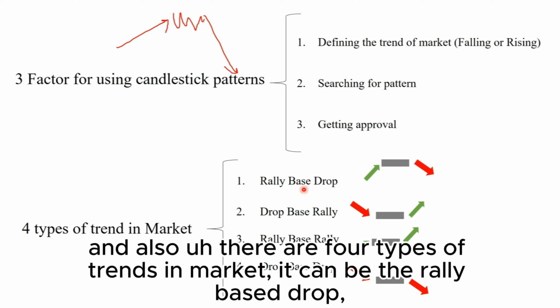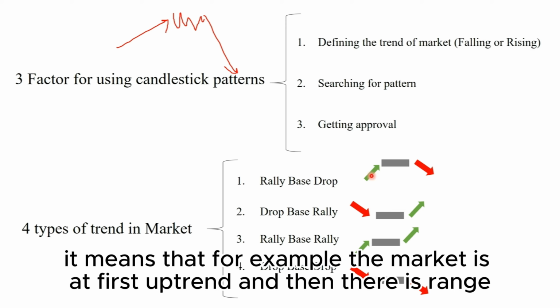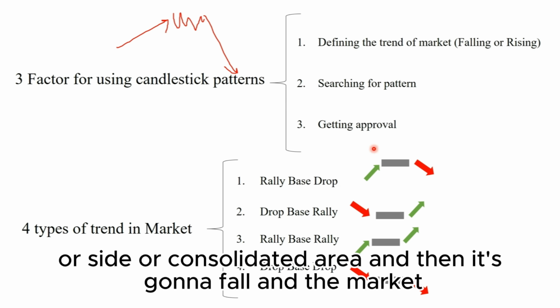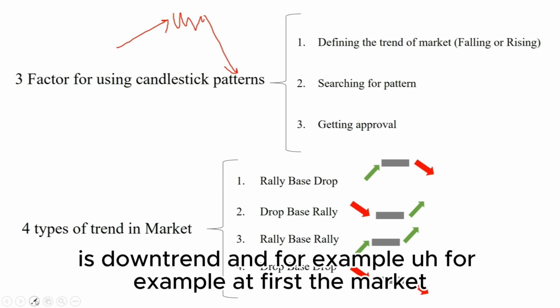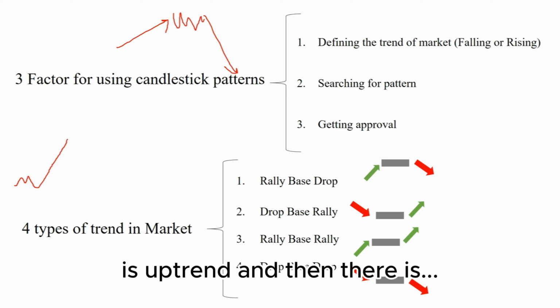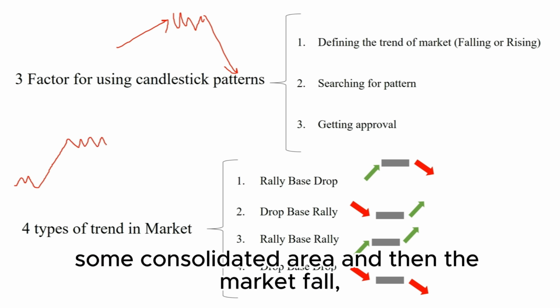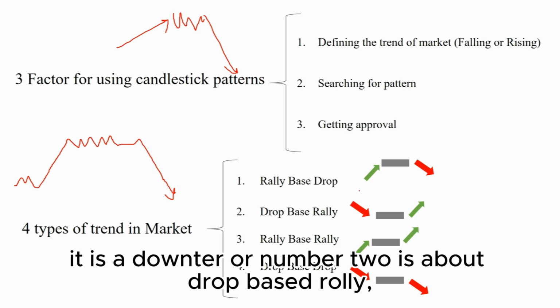It can be rally-based drop. It means that, for example, the market is at first in an uptrend, and then there is a range or sideways or consolidated area, and then it's going to fall and the market is in a downtrend.